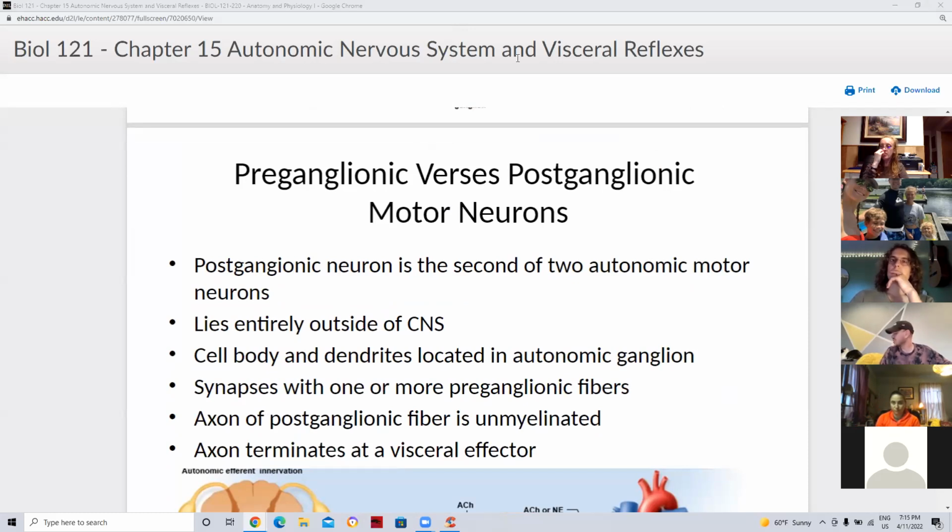I intentionally just hid them on my screen so you couldn't see them. What are the three things that the autonomic nervous system is going to act on and use to perform responses? I couldn't remember the third one. Smooth muscle, cardiac muscle, and glands. Good job, yes.